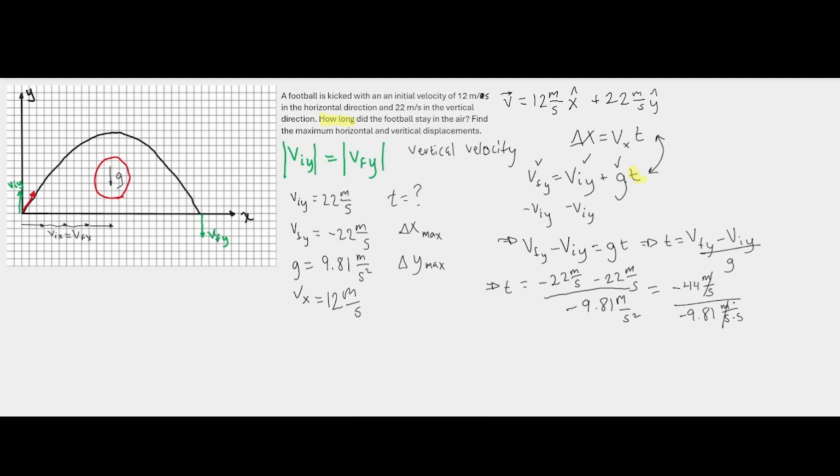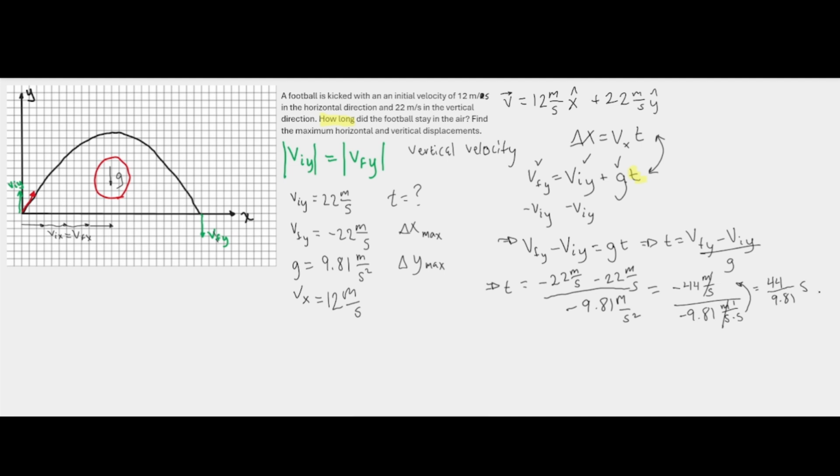And I'm left with 1 over seconds. And we've practiced our complex fractions now. We know that 1 divided by 1 over seconds is just seconds. So this seconds is going to come up top. I'll say that one more time. 1 divided by 1 over seconds is seconds. The two negative signs become positive, and this is then 44 divided by 9.81 seconds.